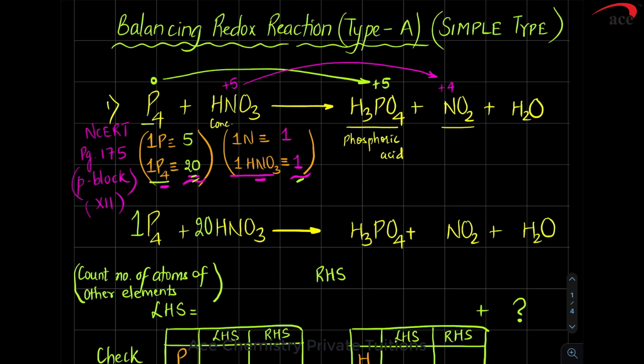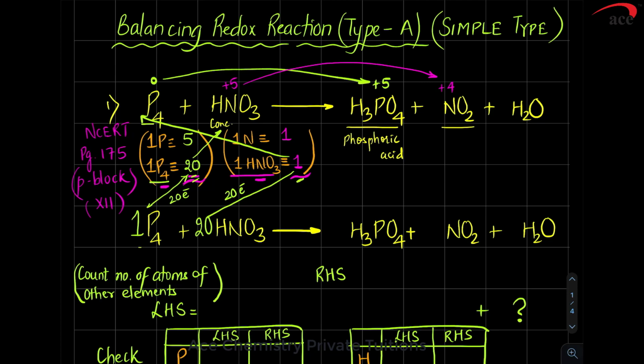Or you can simply remember: cross multiply, so the total exchange of electrons is the same. 20 multiplied by 1, total electron exchange is 20. 1 multiplied by 20, total electron exchange is 20. So, complete exchange of electrons is taking place.